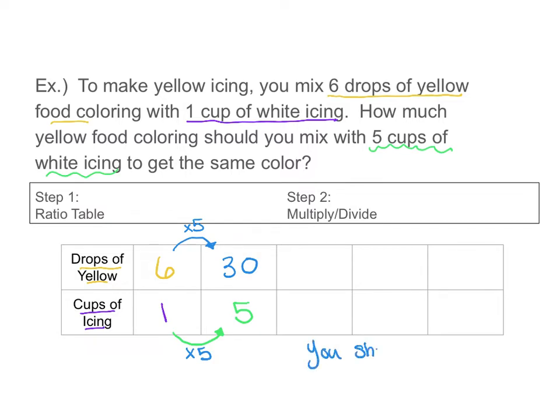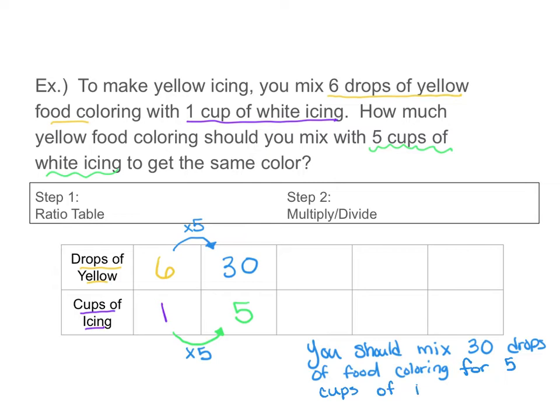You should mix 30 drops of food coloring for 5 cups of icing. Okay, and that's the end of that one.